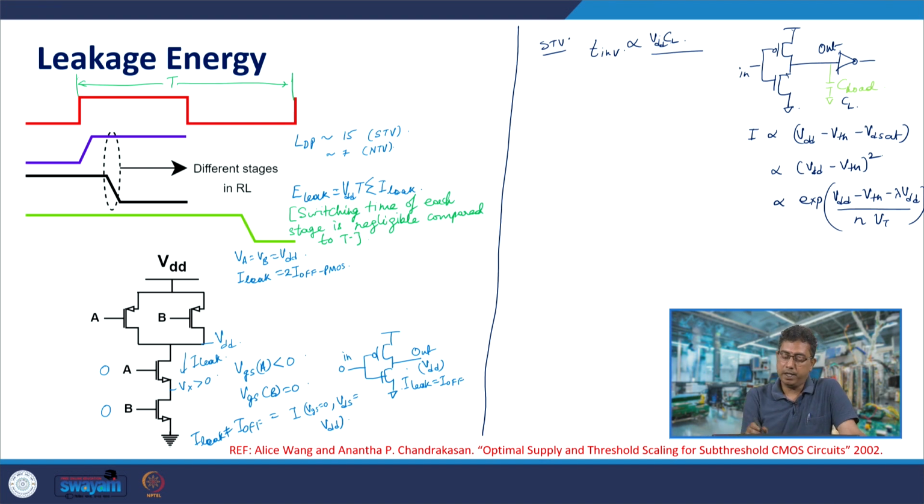Now, you can see that in super threshold regime, the inverter delay increases, but increases quite slowly with a reduction in VDD, because the reduction in the numerator and the denominator of this expression are quite comparable.